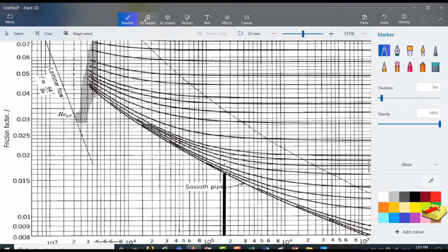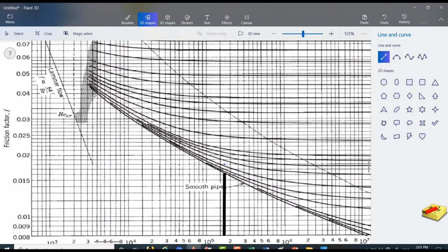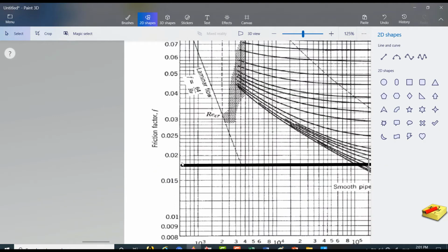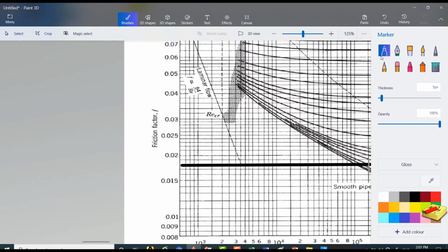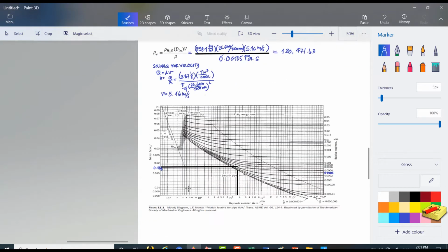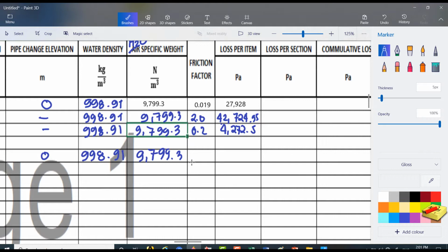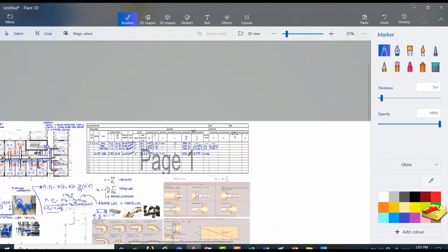Then we draw a line going here, and reading the scale, the friction factor is 0.018.